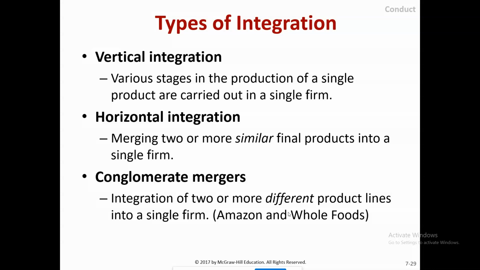A metaphorical equation, 2 plus 2 equals 5, describes one of the main advantages in a conglomerate merger. An example is the Amazon and Whole Foods merger. Amazon, the largest e-commerce firm, got into brick-and-mortar stores and expanded its grocery business after the conglomerate merger.